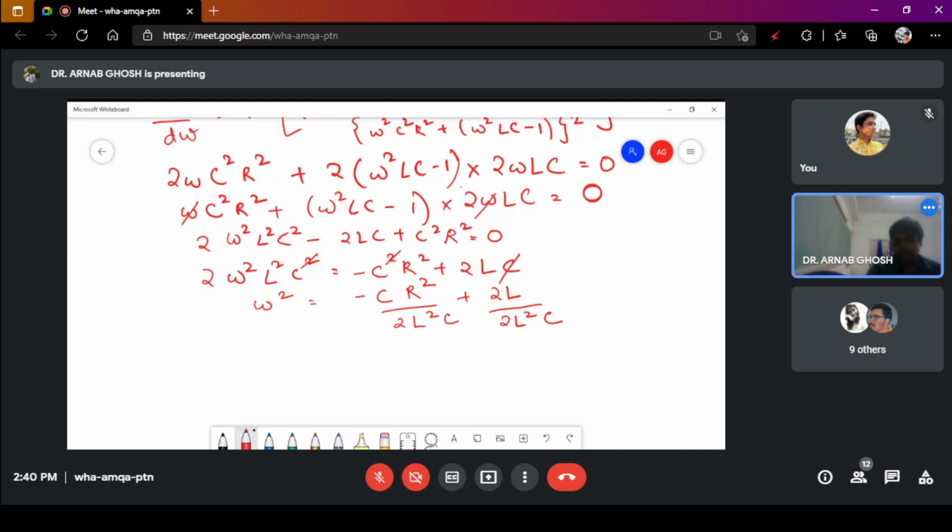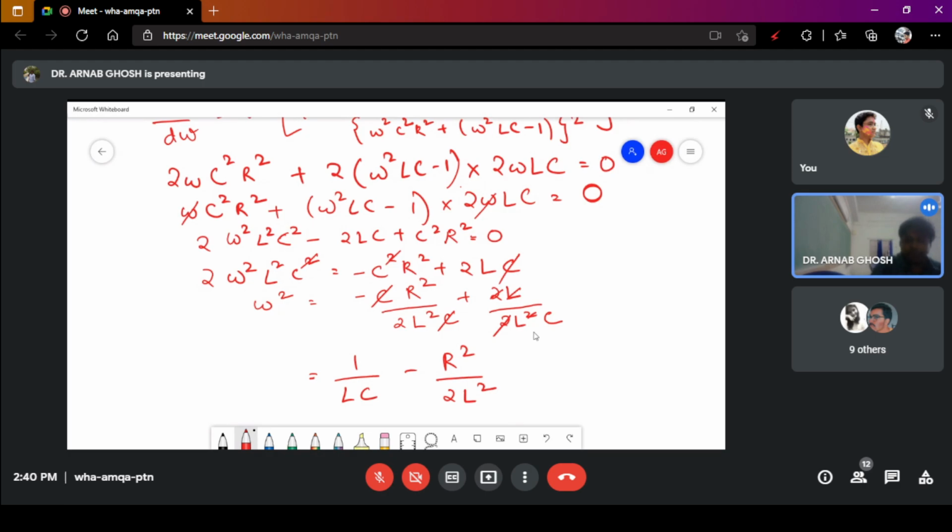Just once go through this, I might be wrong, so just go through this derivation. These things are getting cancelled out, so I am left with 1 by LC minus R square by 2L square. Omega square is equal to 1 by LC minus R square by 2L square.